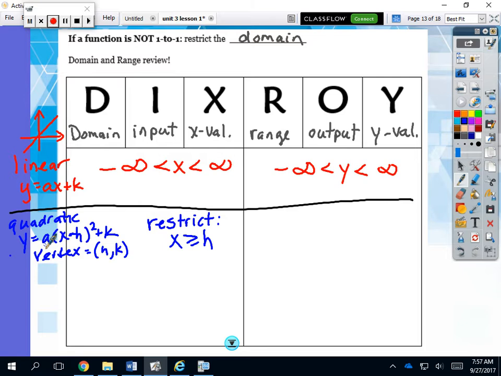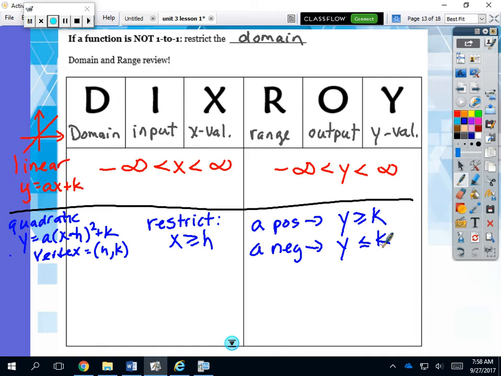So if a is positive, then our range, the y's, are greater than or equal to whatever that number k is on the outside. That tells you your range. And if a is negative, the y's are going to be less than or equal to whatever that number k is. It's either going to be a minimum value in your range, or k will be a maximum value in your range.